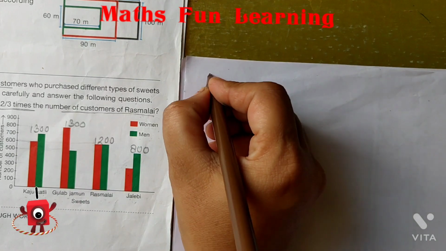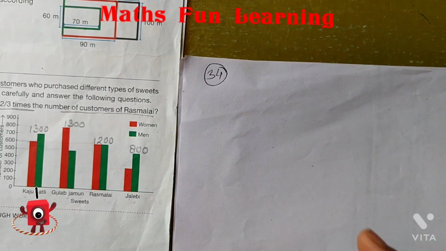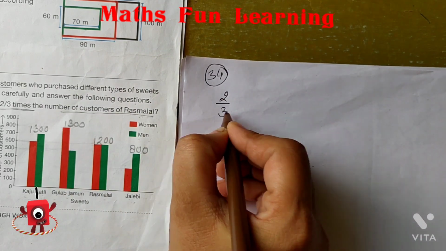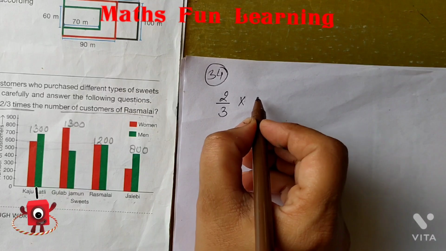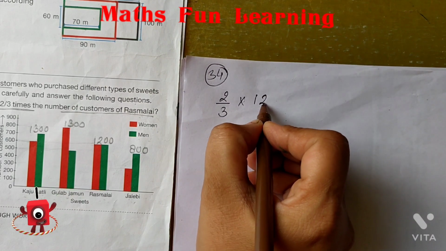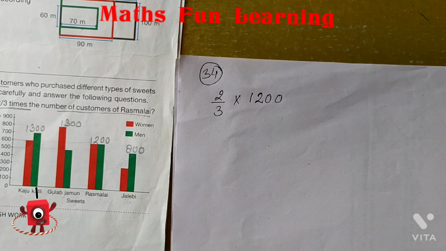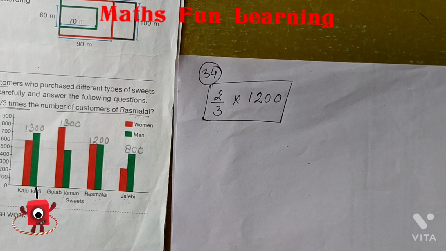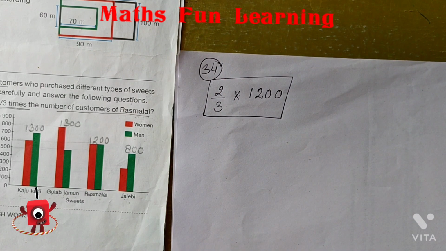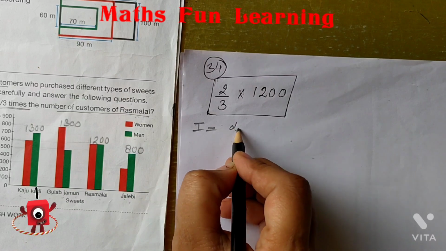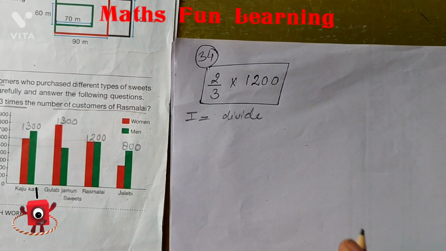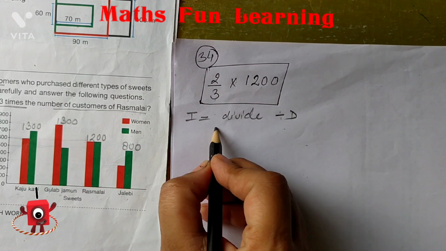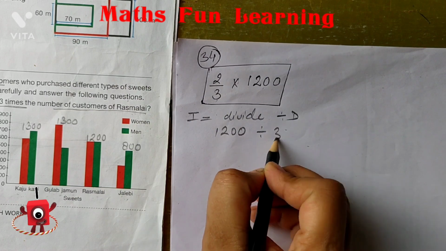Kids, the question asks you for 2/3 times the number of customers of Rasmalai, which is 1200. There are two steps to solving this type of question. Step one is you have to divide the total number by the denominator. So 1200 divided by 3.